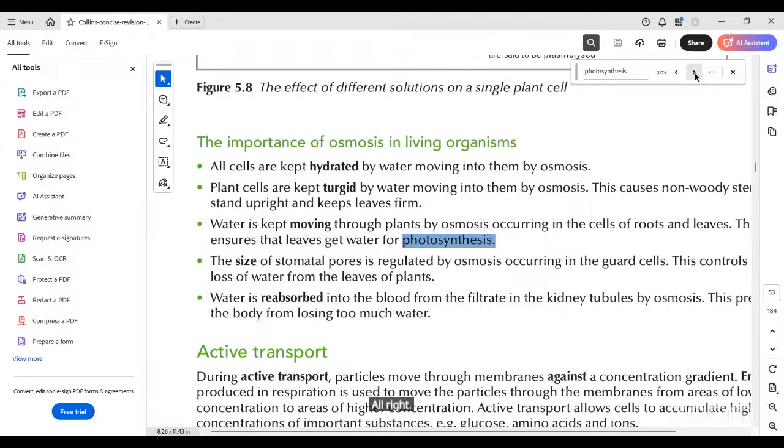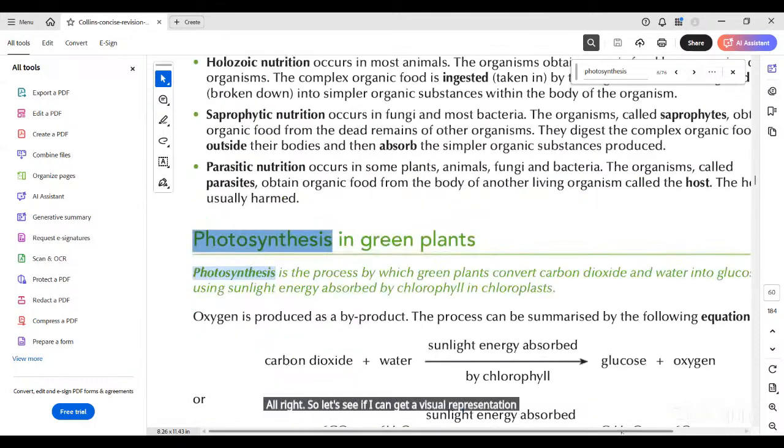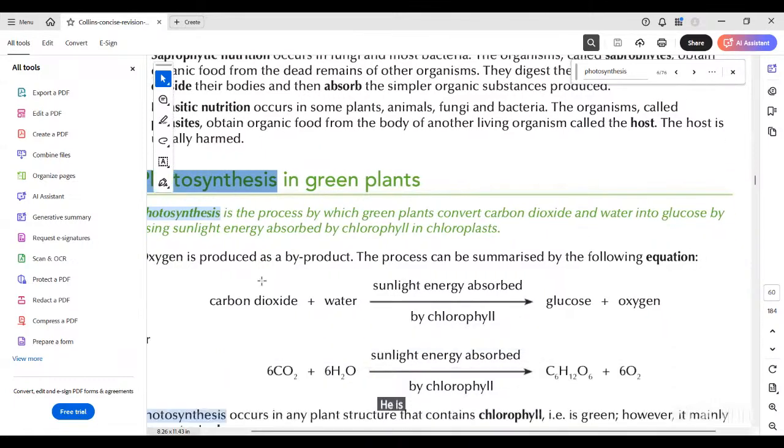So let's see if I can get a visual representation of the formula here. Here is the formula. So the formula is carbon dioxide plus water, energy absorbed by chlorophyll, glucose plus oxygen would be the product. Right? And then we looked at aerobic respiration.